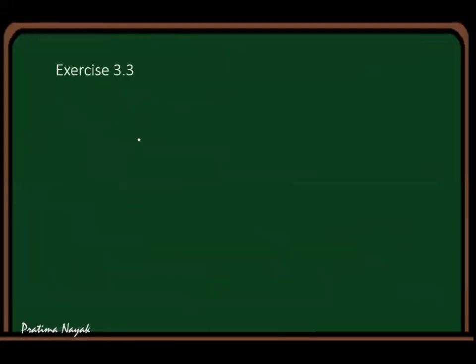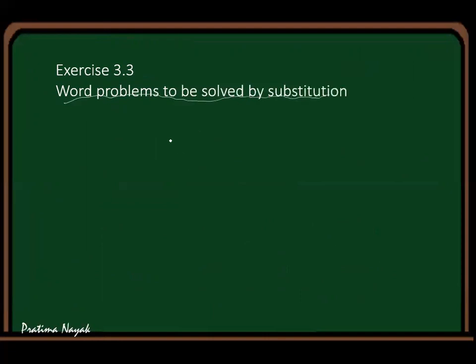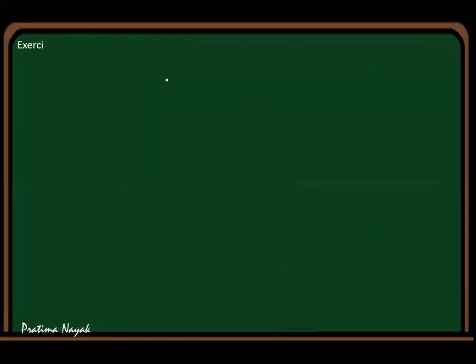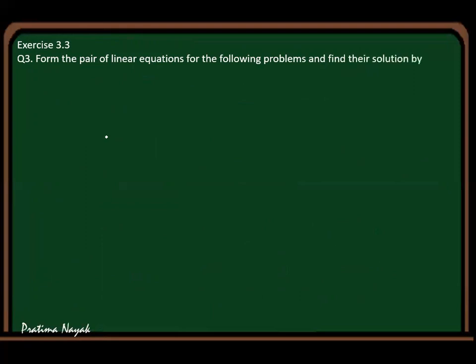Next, exercise 3.3, we'll frame the word problems and solve them by the substitution method. Question number 3: form the pair of linear equations for the following problems and find the solution by substitution method.